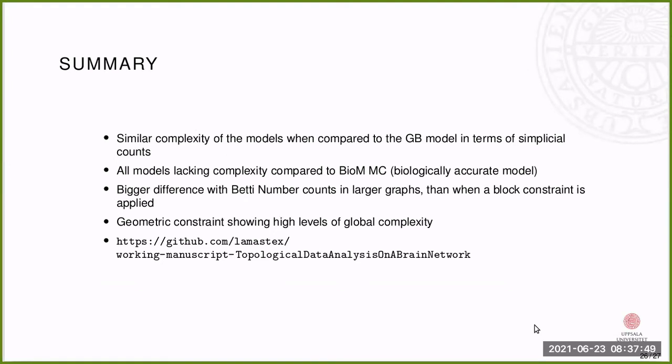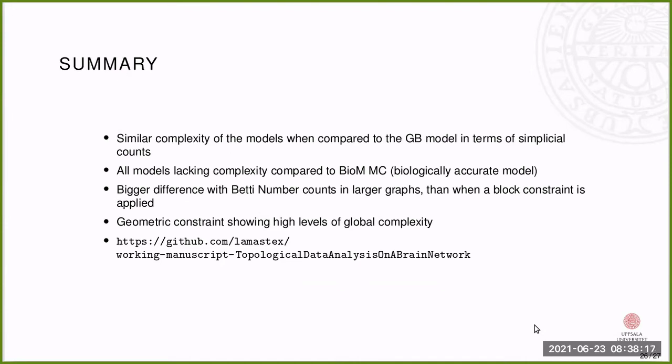Okay, so just wanted to say that in terms of complexity, our models had a similar level of complexity when compared to the general biological model on a local level, where we saw the biggest differences in simplices counts in the second and third dimension.